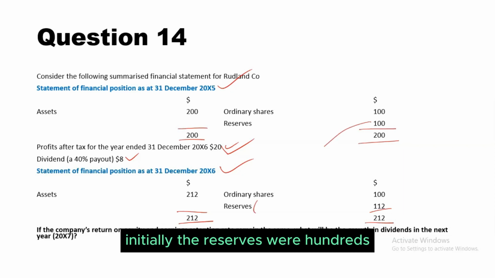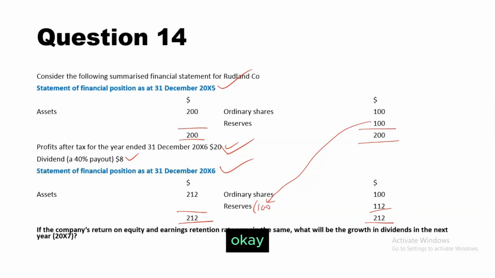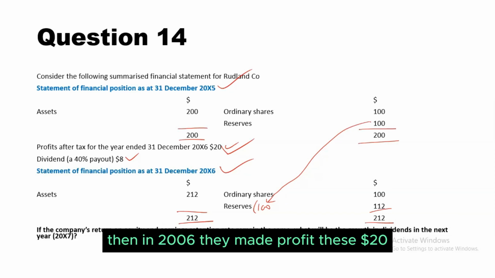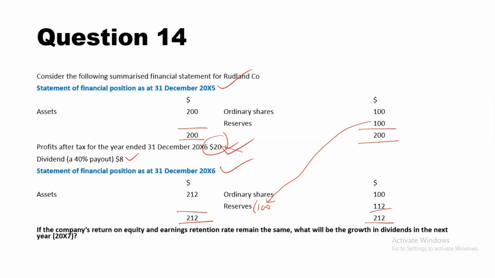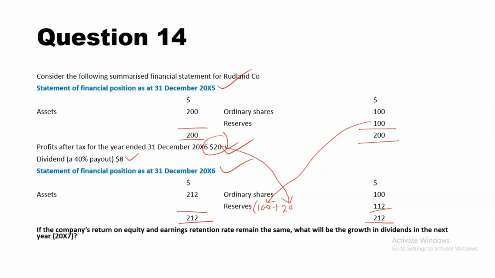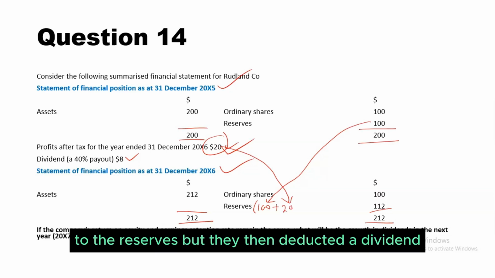Initially, the reserves were 100, but this was the figure brought forward from 2005. Then in 2006, they made a profit, this $20. So this should add to the reserves, but they then deducted a dividend.